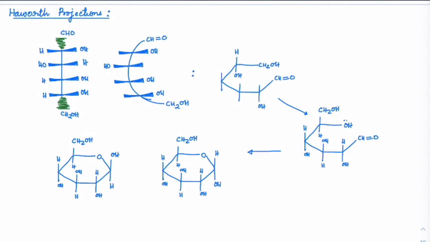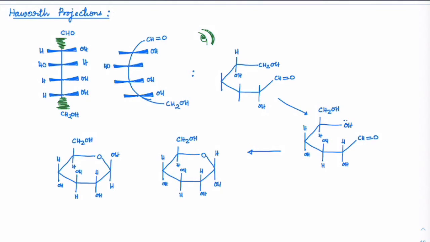Now imagine it is like a backbone, and I am bending CHO over to this side. Now your eye view is from this side. You are viewing from this side and this is bending.